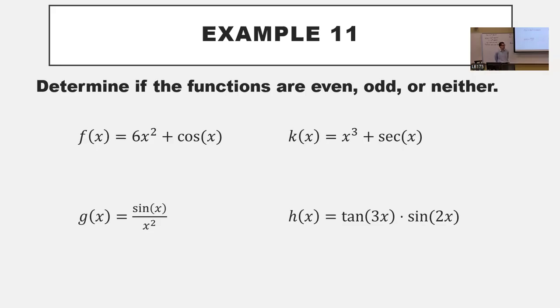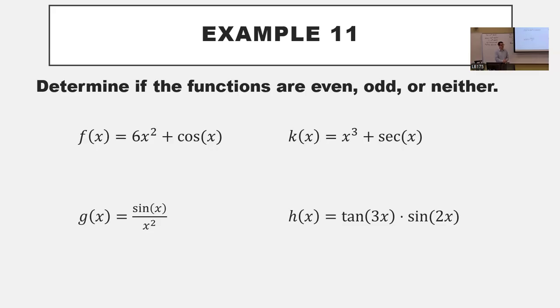When in doubt, plug in a negative x and see what happens. If you get the function back, then we know we have an even function. If you get the opposite of the function, we know we have an odd function.